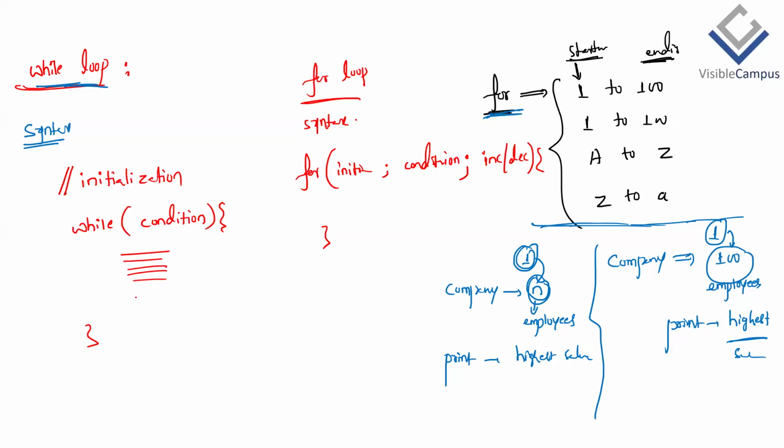Then inside the loop body, either increment or decrement, preferably as the last line of code. So this is the while loop syntax. Like for loop, initialization, condition, and increment or decrement. Similarly, while loop also has initialization, condition, and increment or decrement.